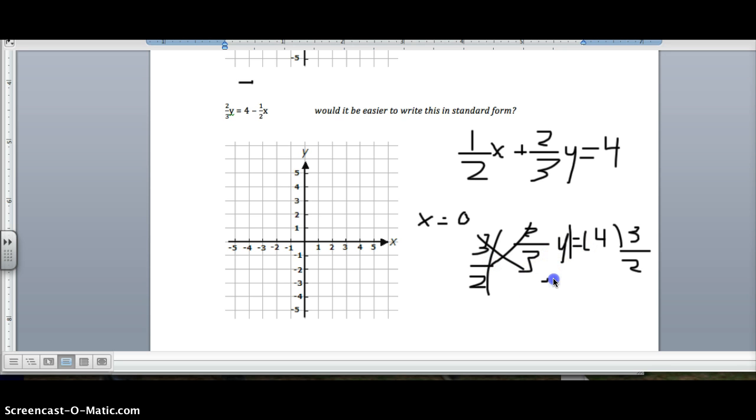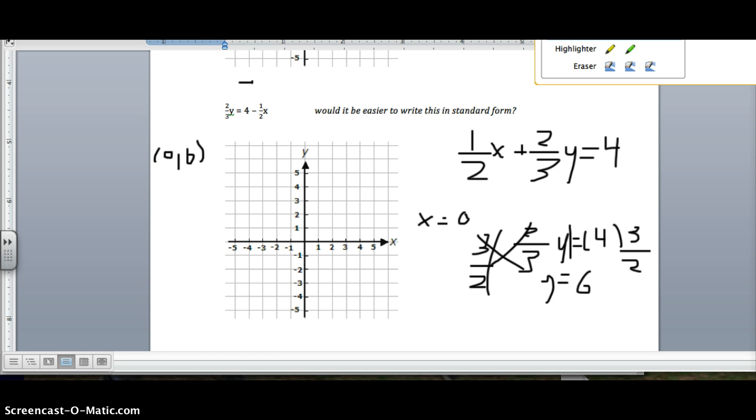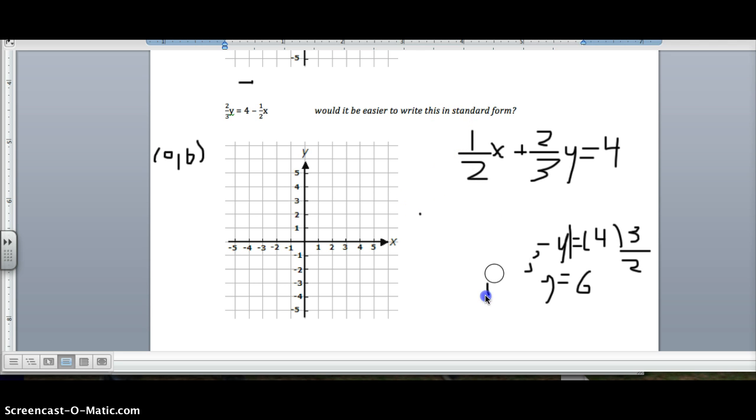We now have y equals 4 times 3 is 12, divided by 2 is 6. So we have 0, 6 as one point. Remember, you can always pause this if you need time to get this copied down, because I'm going to erase so I can do the next part.